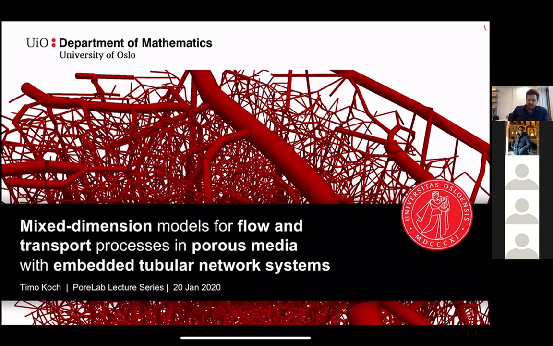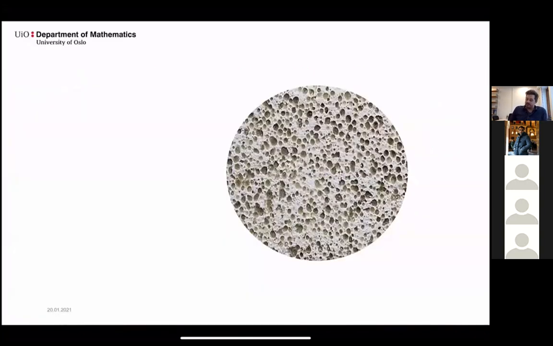As an introduction, we're going to look at porous media, and this is just an example of a porous medium, and there are many different kinds. But there are some common properties. Usually we have a high surface area, and we can use that in a couple of applications.